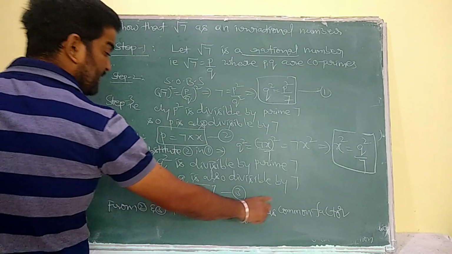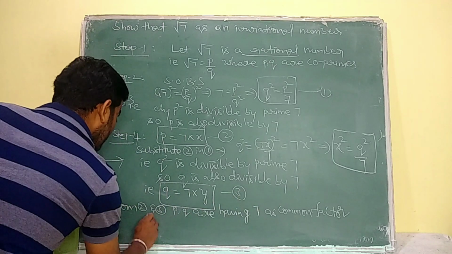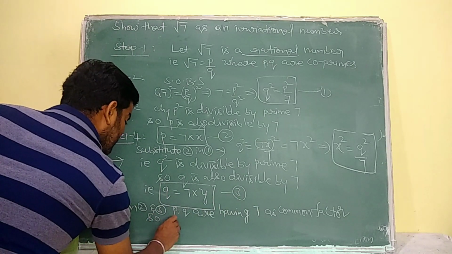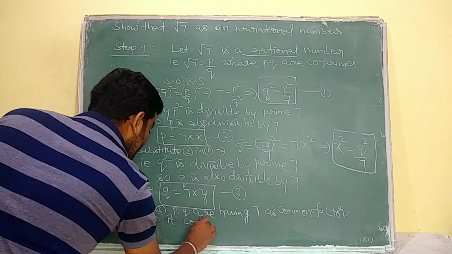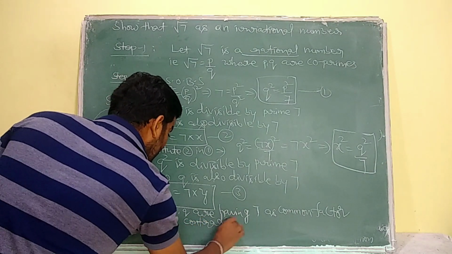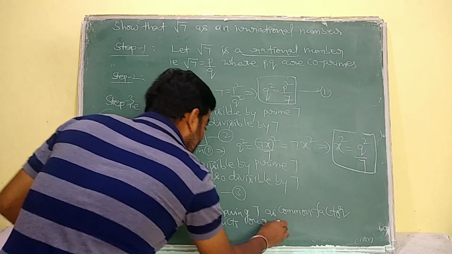Now root 7 has 7 as common factor, so it contradicts our assumption.